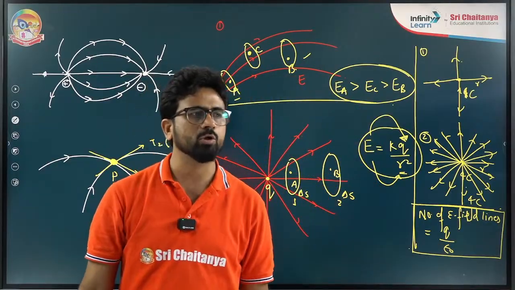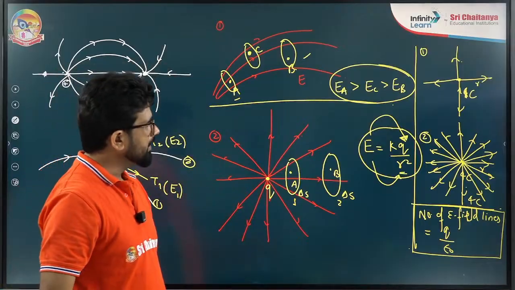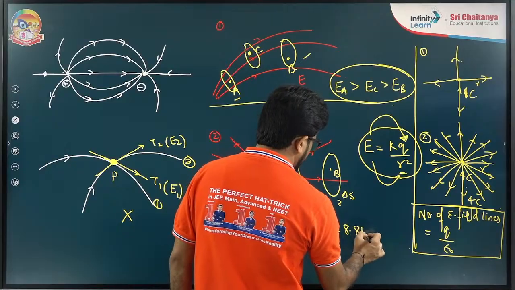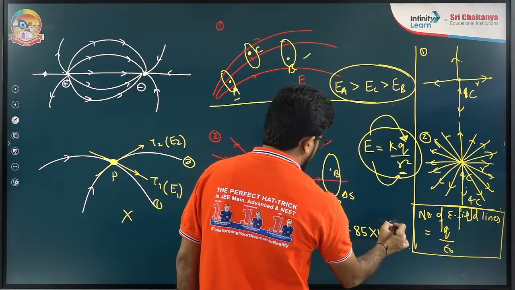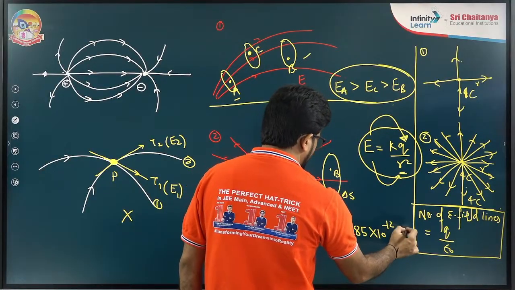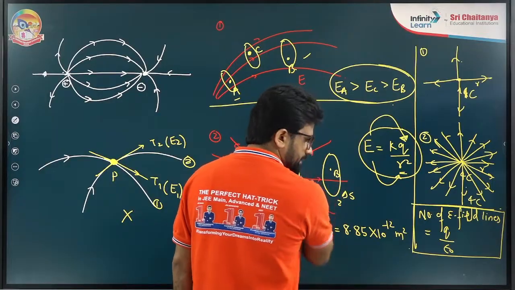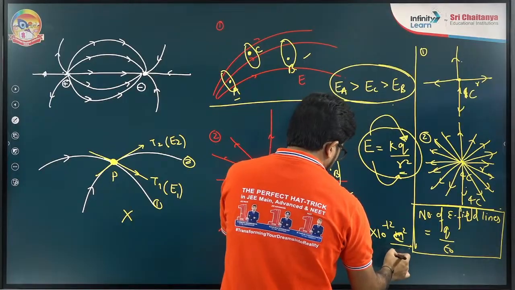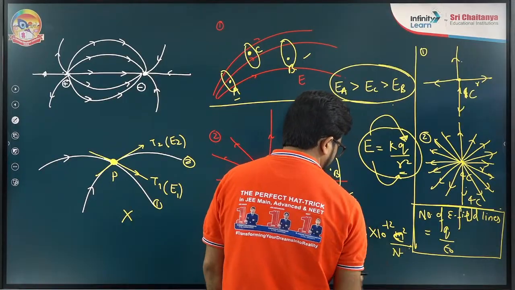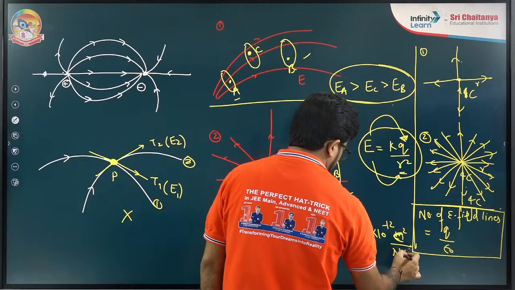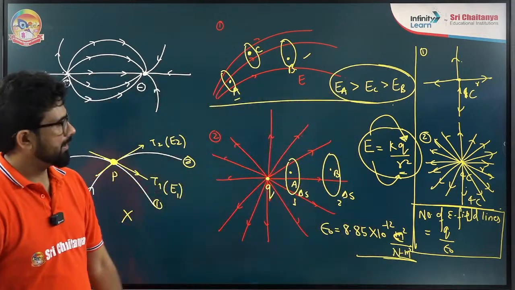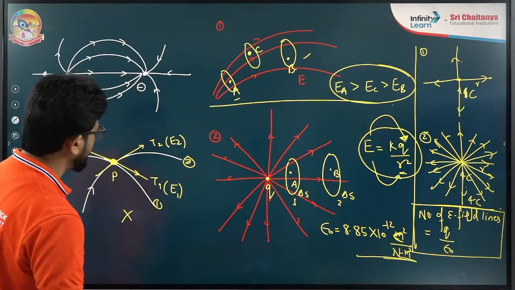Epsilon naught value everyone knows. What is the value of epsilon naught? 8.85 into 10 to the power minus 12 meter square Coulomb square upon Newton meter square. You can put it in and you will get the answer.